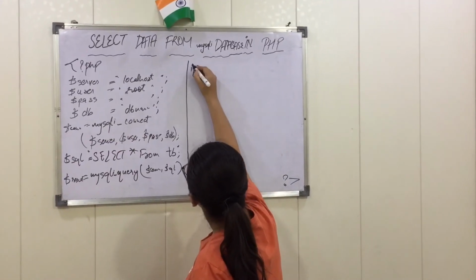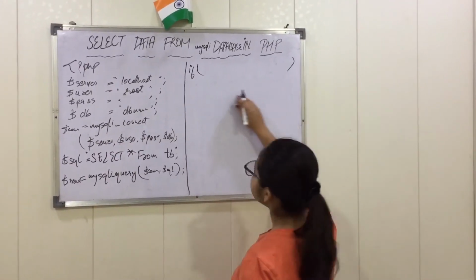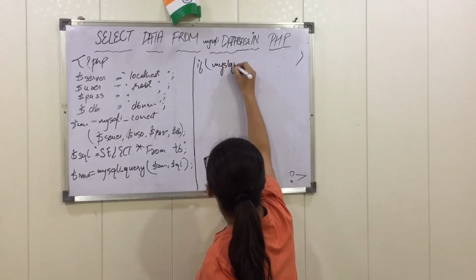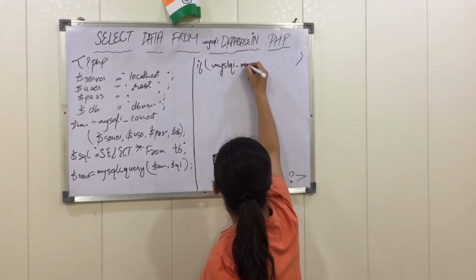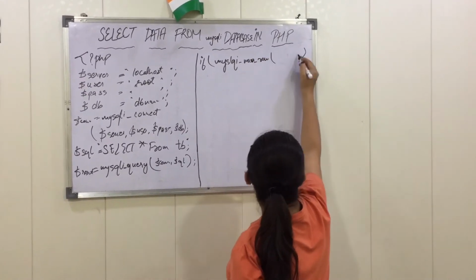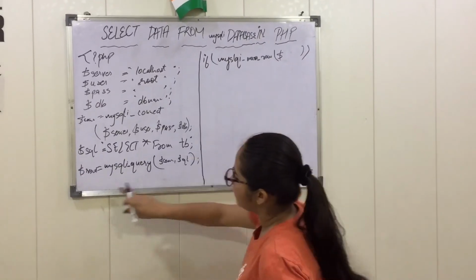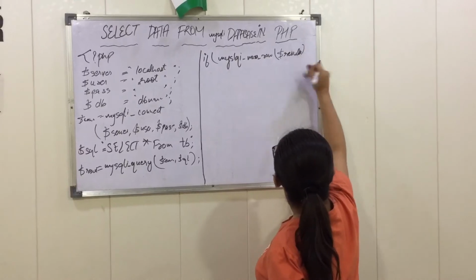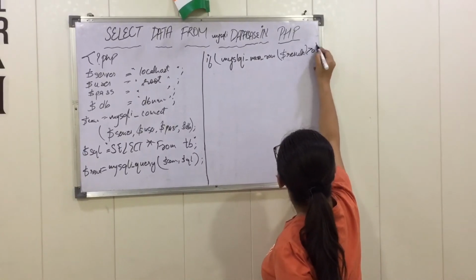After that we will write the if statement. In between this I am checking if mysqli_num_rows, the number of rows, of the variable $result is greater than 0.